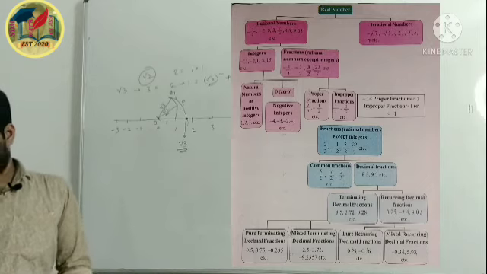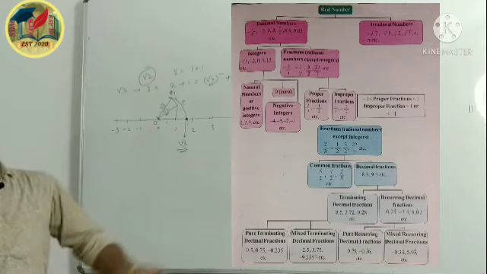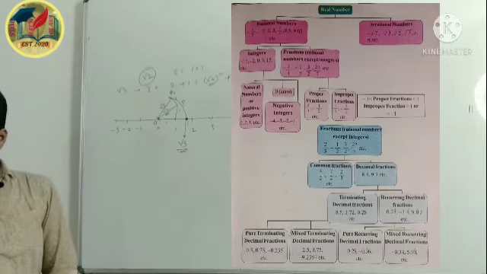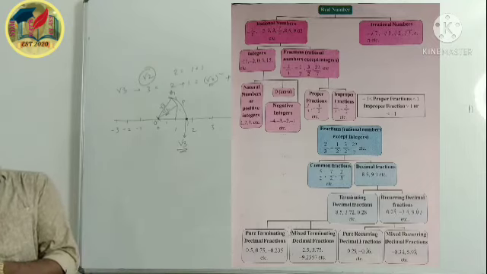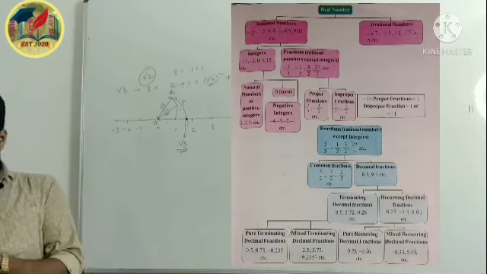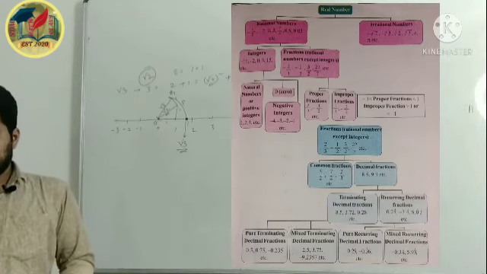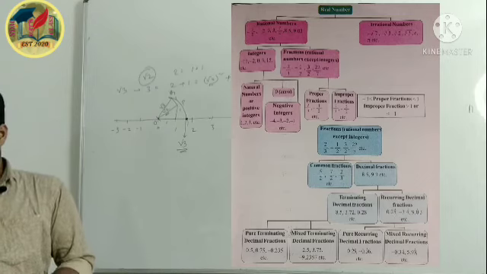Again, fractions can be divided into two parts, common fraction and decimal fraction, and decimal fractions are of two types, terminating decimal and recurring decimal. Terminating decimals are of two types, pure terminating, that is 0.5, 0.75, and mixed terminating. Mixed terminating means 2.5, 3.75, all these.